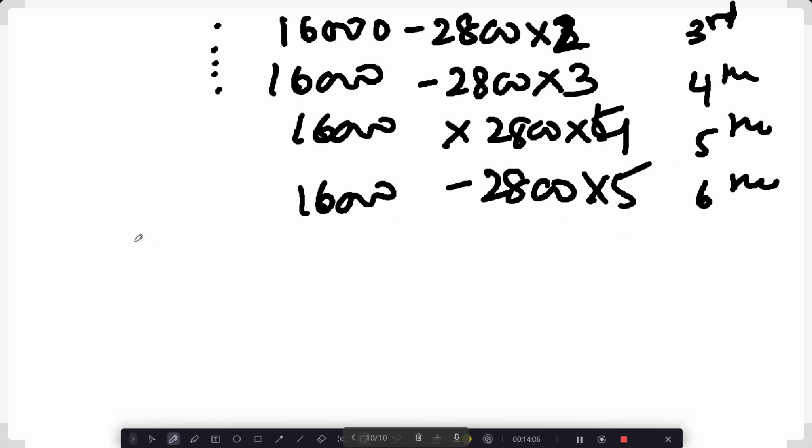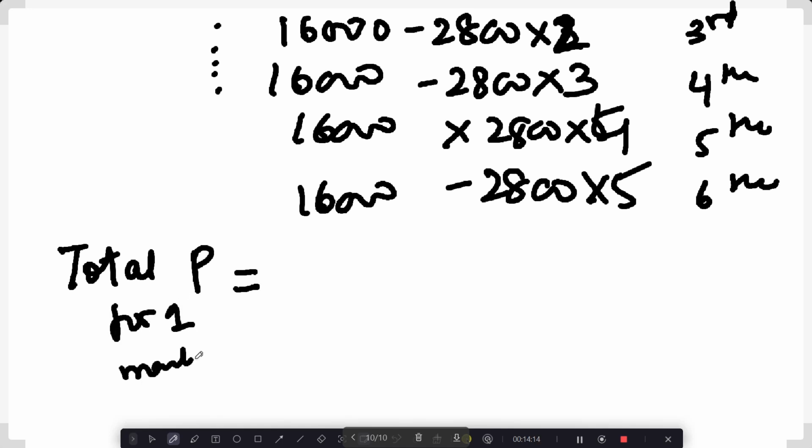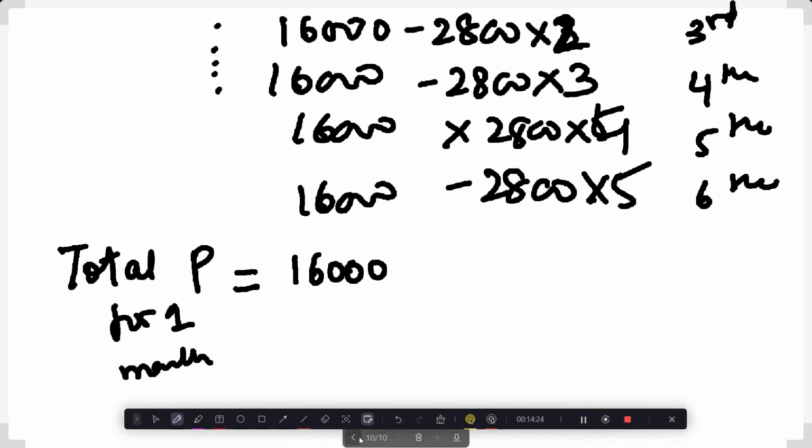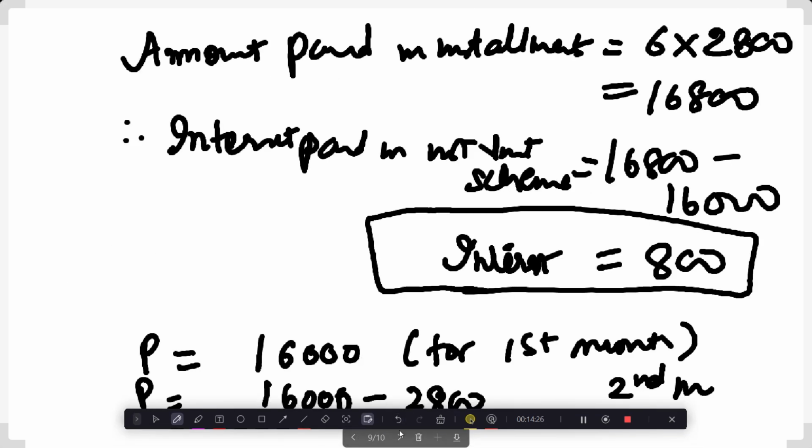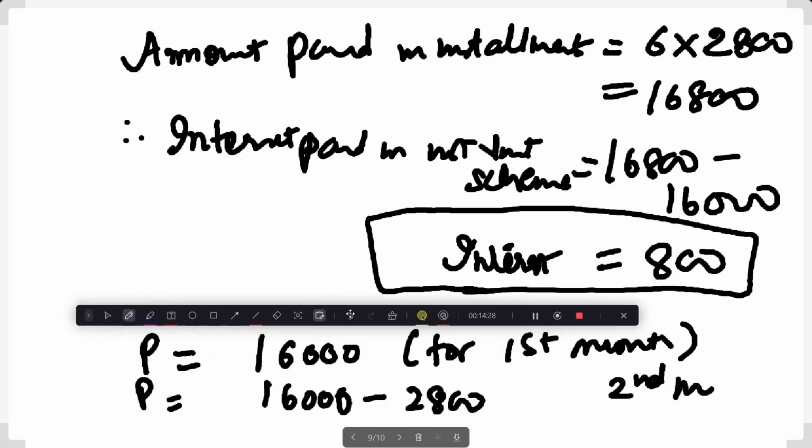So ये हो गया. So total principal for 1 month, we'll add all this which is 16,000. कितनी बार 16,000 आएगा? इसी पेज पे आप देख लो 4 बार आ चुका है. और पिछले पेज पे 2 बार आ चुका है. तो 6 बार 16,000 आ चुका है.